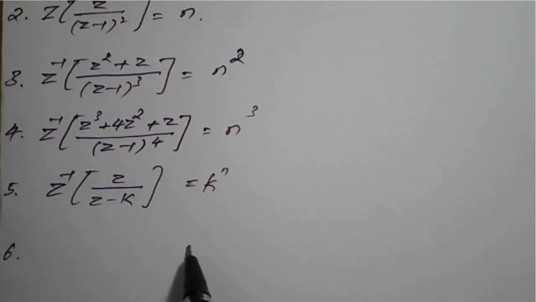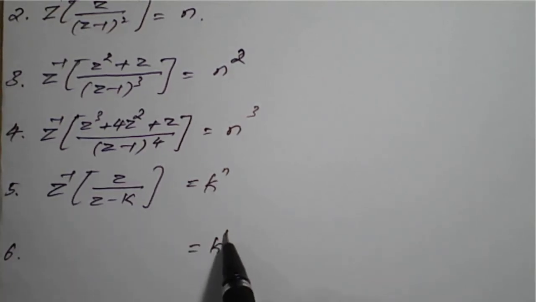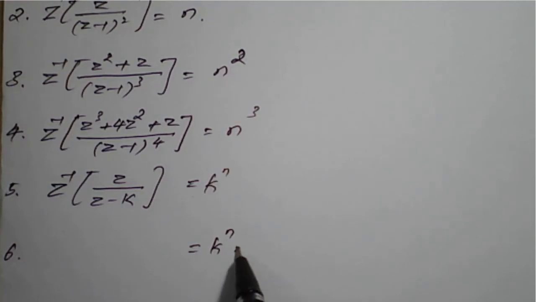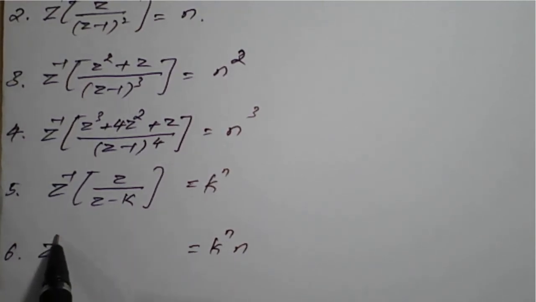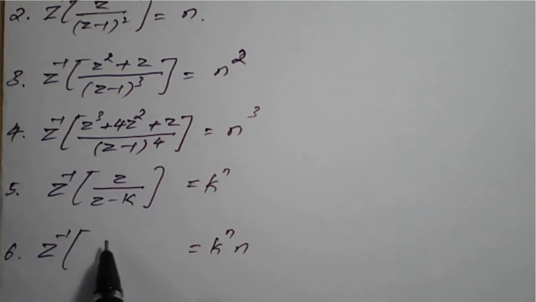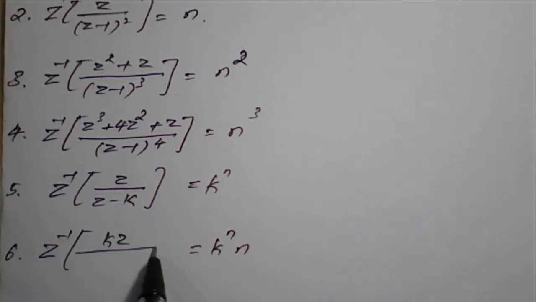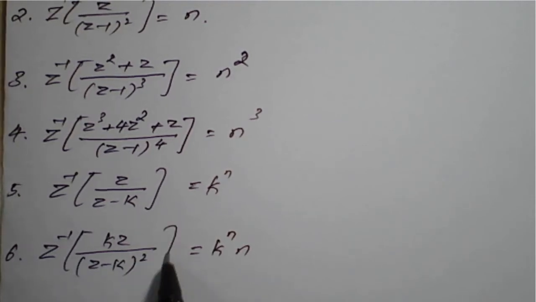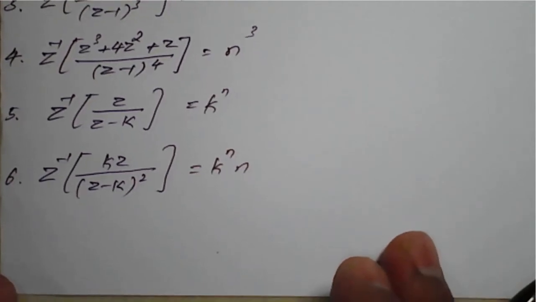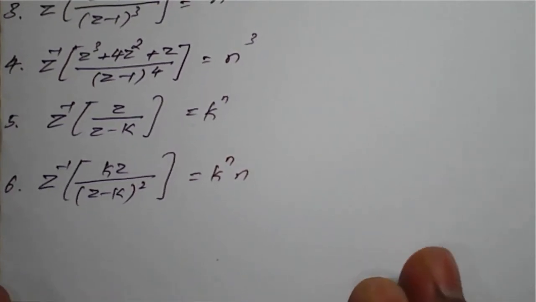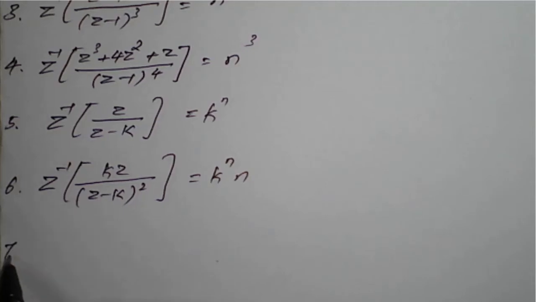Z transform of k raised to n times n, by using the damping rule, the result will be inverse Z transform of kZ divided by Z minus k whole square. We just reverse the formula of our Z transform, so you will understand inverse Z transform.